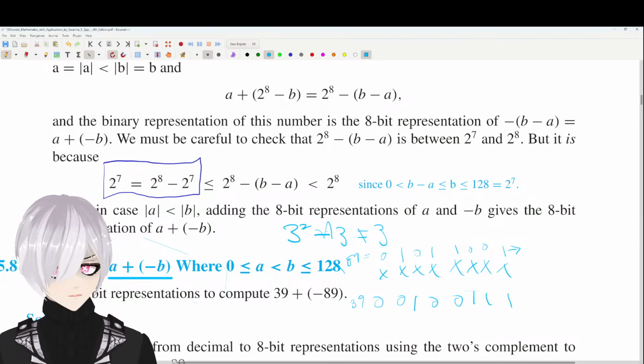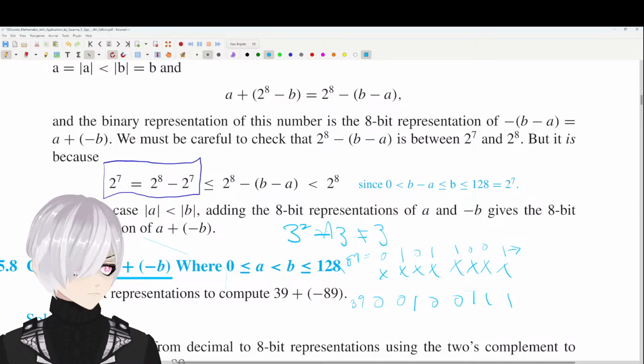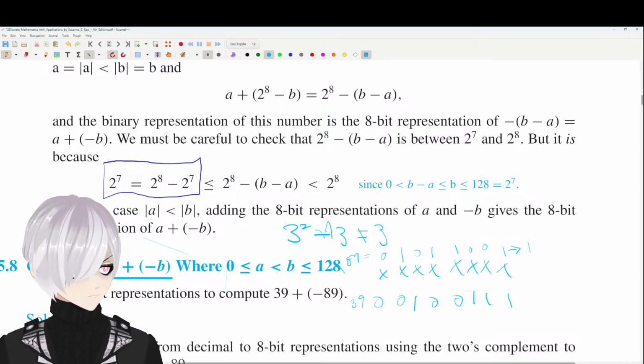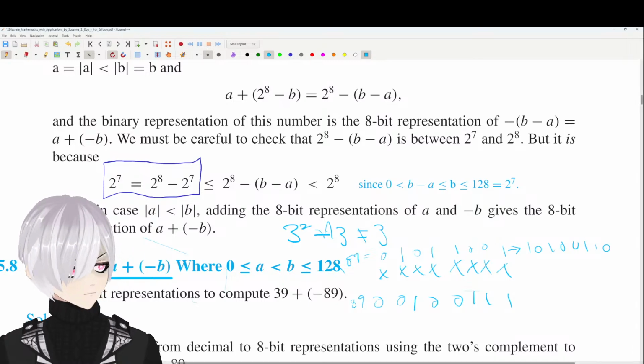If I did 89 correctly here. Yeah, I think so. Let me double check. Yeah, looks good.